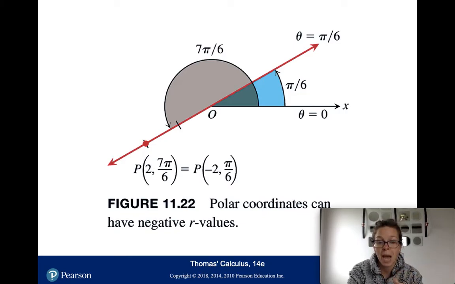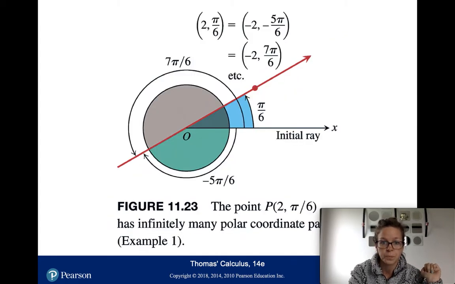So because the pi over 6 and 7 pi over 6 angles lie on the same line, a positive r would put us in one direction, but a negative r would put us in another direction. And we'll look at some examples of how we can convert between x, y points and r, theta points for some practice with this negative r idea.